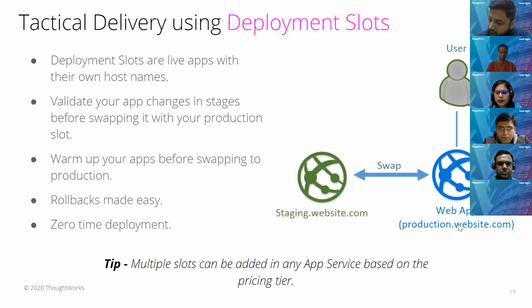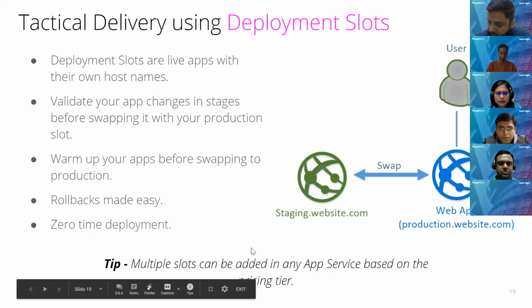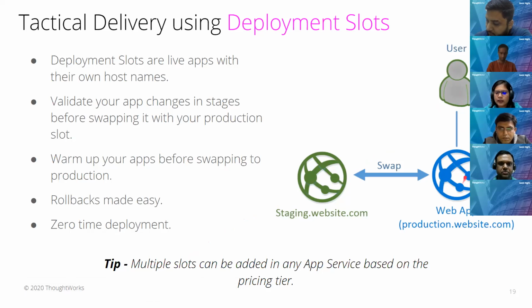So consider you have this user, who is looking at the website production.website.com. This is your website, which is live and being used by the user. Then you can create a slot called staging. This deployment slot will have its own hostname, staging.website.com, for example.